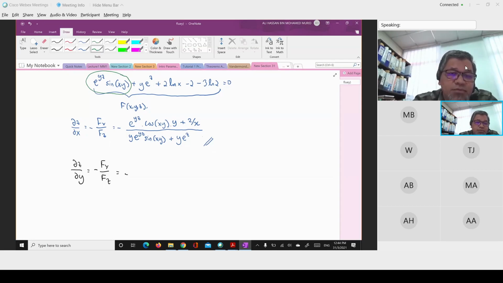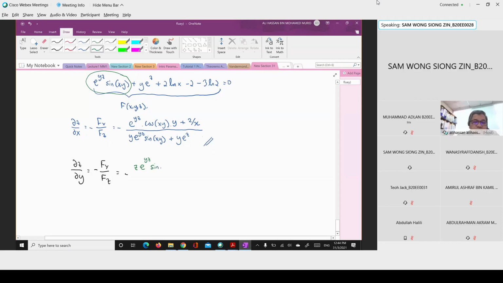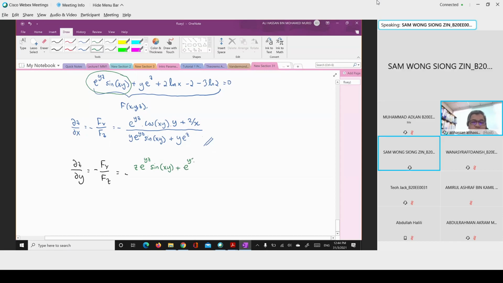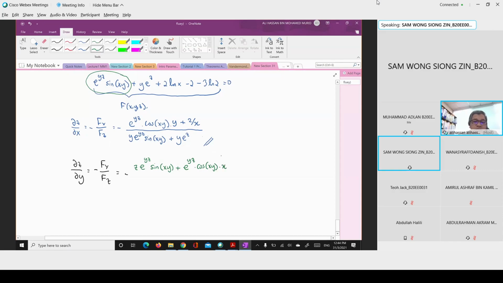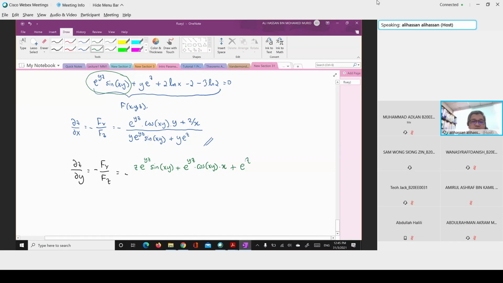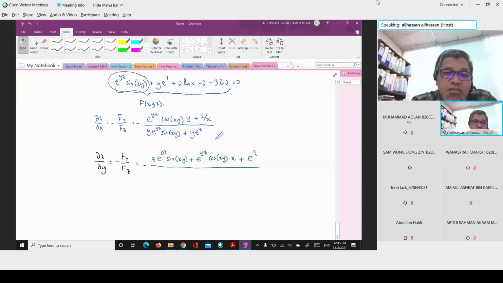So we first differentiate the exponential with respect to y, we get z e to the power of yz times sine xy, plus e to the power of yz times cos xy times x. Here we need to use the product rule. What else? Plus exponential z. That's all, right? And f partial z is the same as what we have calculated above.